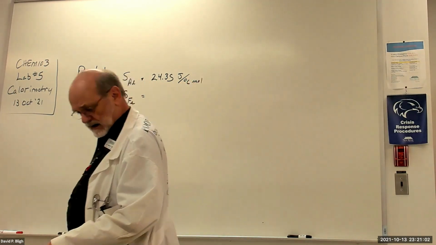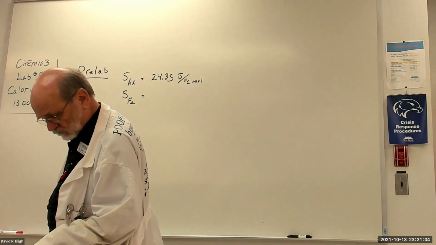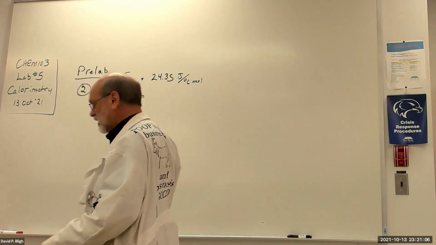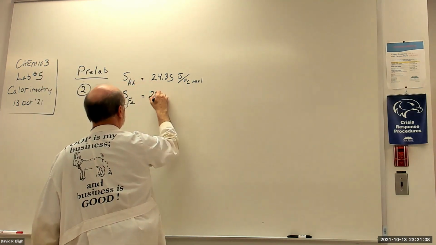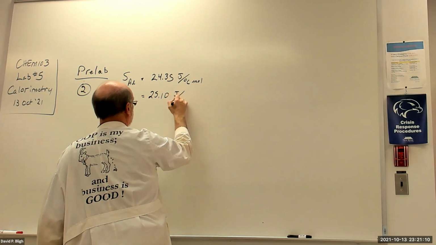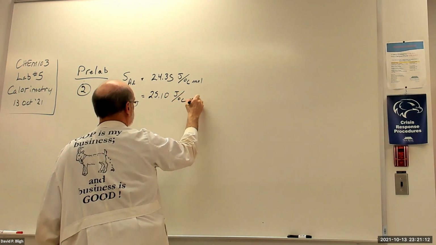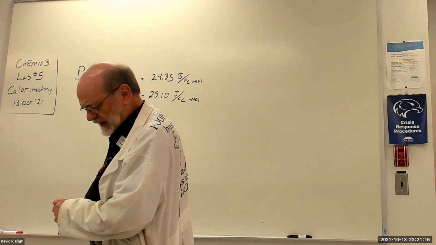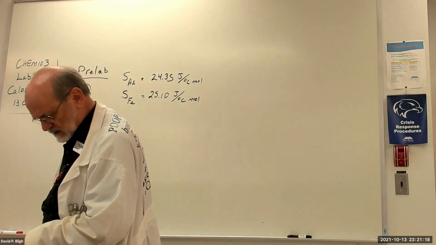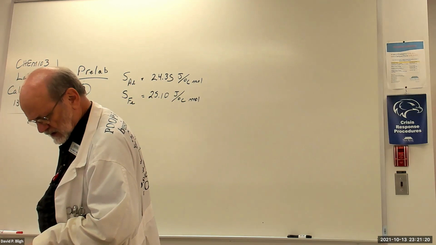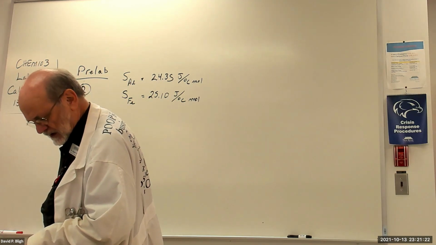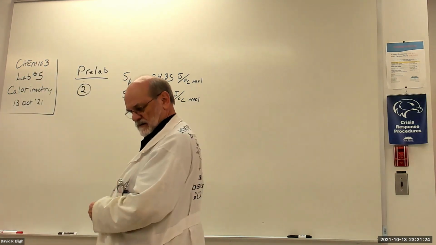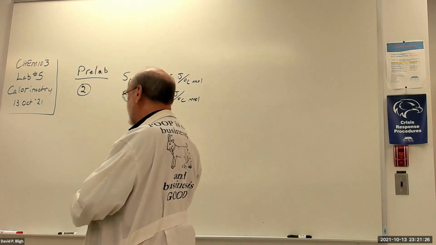And iron is 25.10 joules per degree C mole. Okay, that's given. What's the question? Which one would provide the best heat protection?